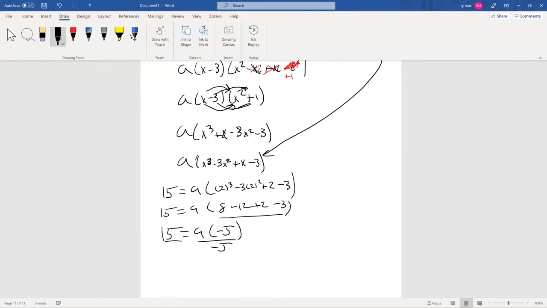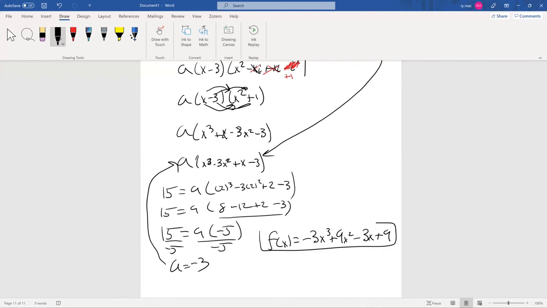Dividing by -5, we get a is equal to -3. Now we plug that -3 back in for a and simplify. So we get f of x is equal to -3x cubed plus 9x squared minus 3x plus 9. And that is all the review.